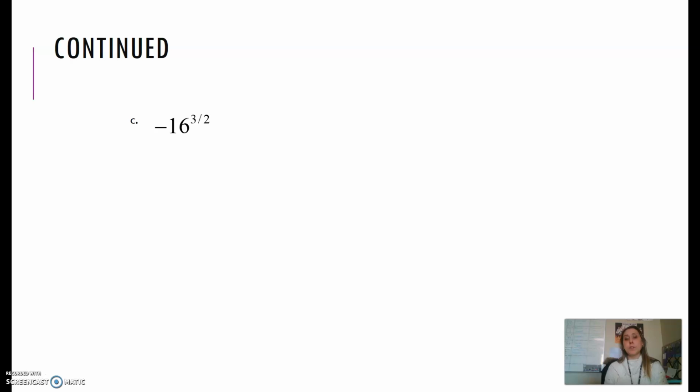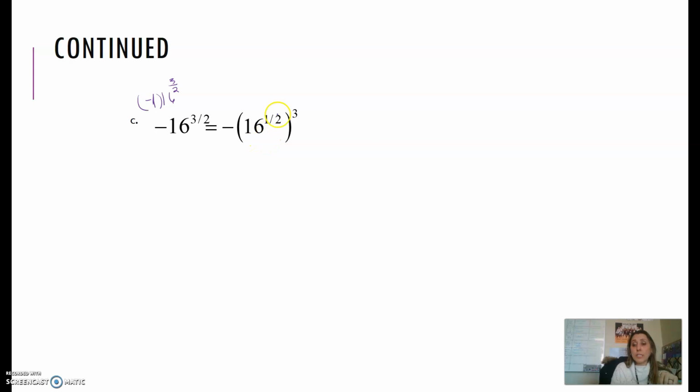So now this one's a little bit different. So this one's going to take some of those rules that we've already learned and add it to the rule that we're learning now. So the negative is on the outside with no parentheses. So this is saying negative 1 times 16 to the 3/2. So I'm going to keep that negative 1 on the outside. So I need to remember, now I'm going to find the square root of 16 cubed.